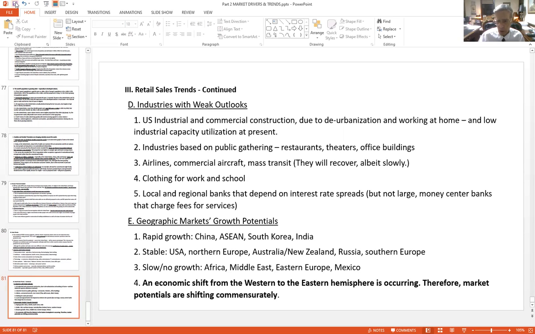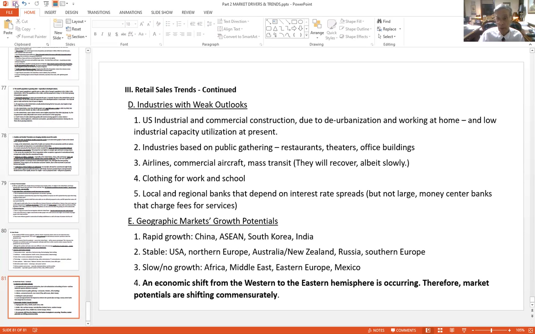We're working at home. And to make matters worse, the amount of industrial capacity that we already have greatly exceeds demand. Something on the order of 75% capacity utilization on average, although of course that differs by industry. For instance, electric utilities capacity utilization is much higher than that.